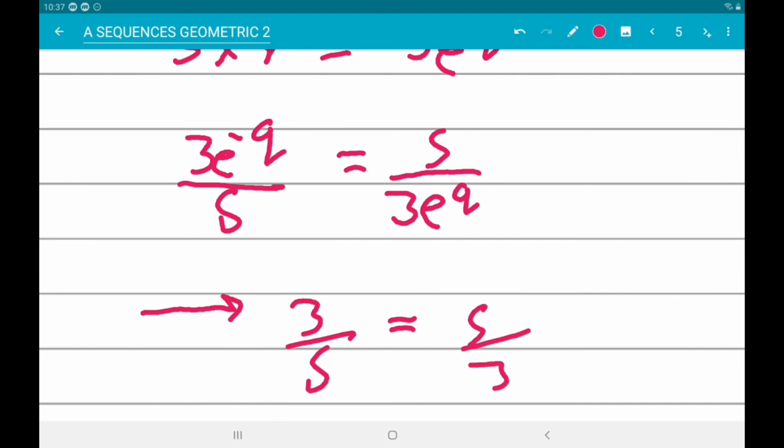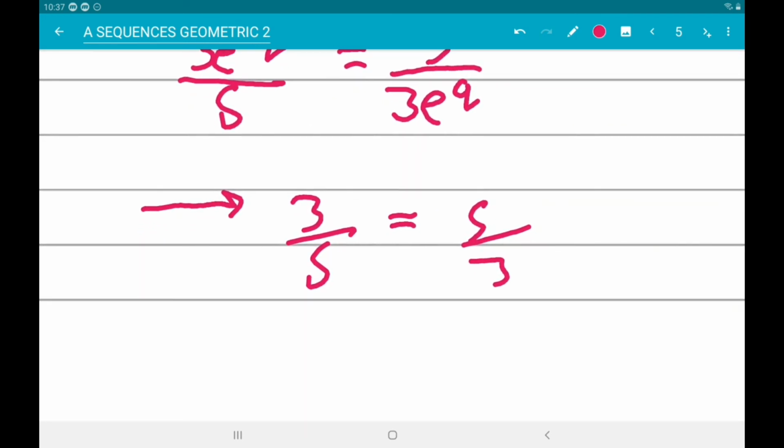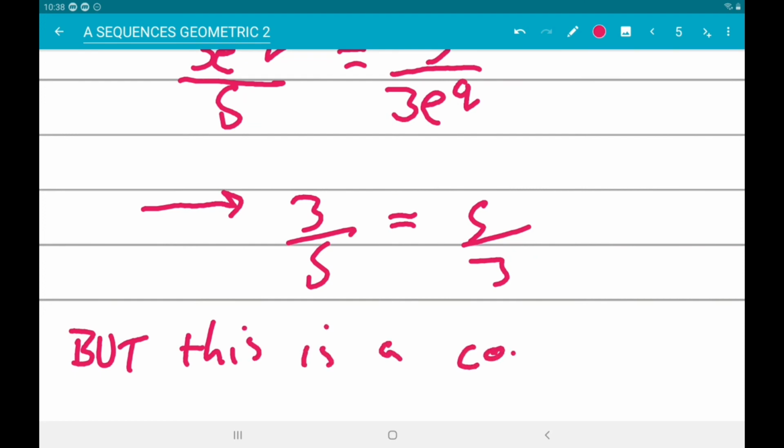Now that's obviously not true, so this is a contradiction. So we would now say, but this is a contradiction. So, what that means is when we've assumed they are consecutive terms in a geometric sequence, that means that 5/3 is equal to 3/5.